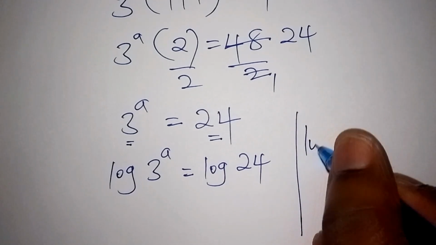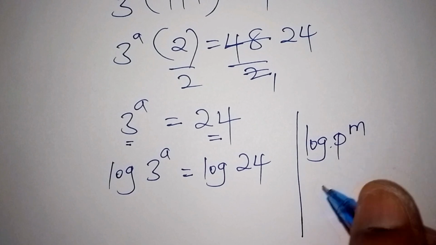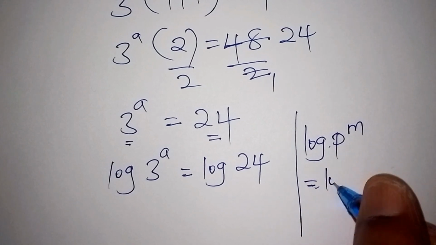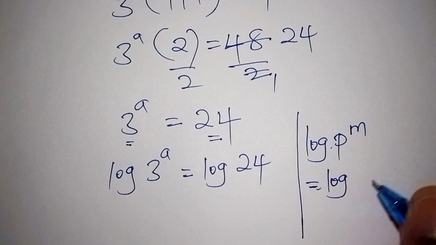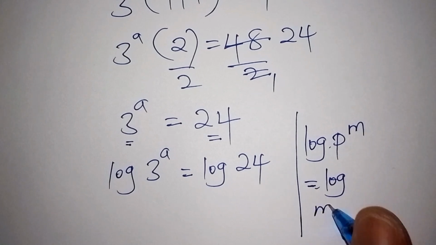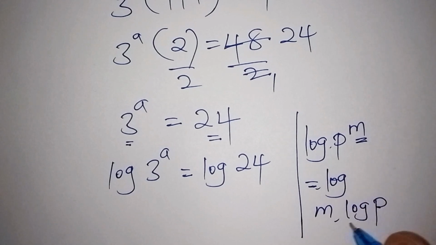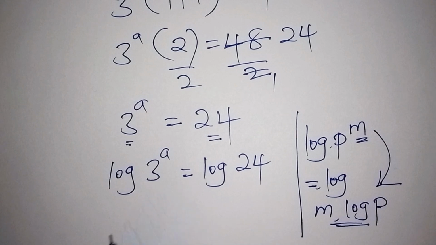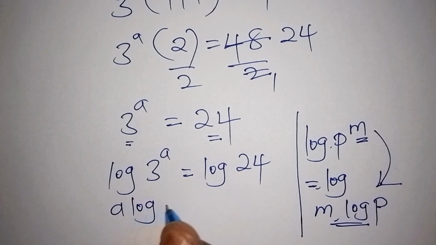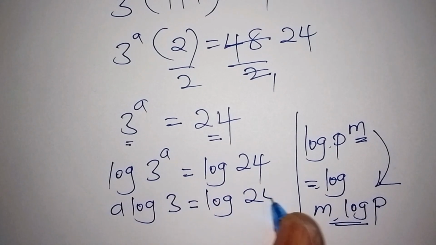Assume we have something like the log of p to the power of n. When we rewrite this, we can have it as n times the log of p. So when we apply this same formula here, we shall have a log 3 is equal to the log of 24.